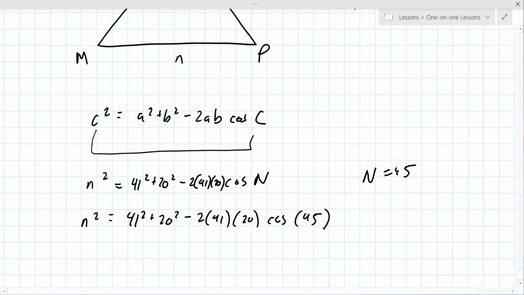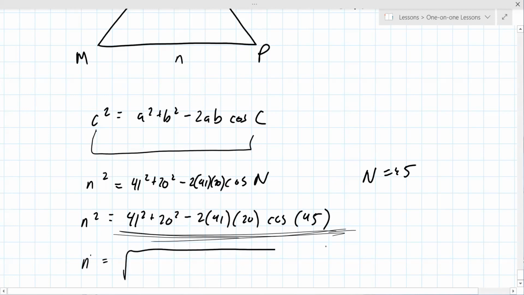All right, now to find n, you have to get this number on the right, and make sure that you square root it, because a lot of students forget that. You could do the calculation and then square root it. It's totally up to you.